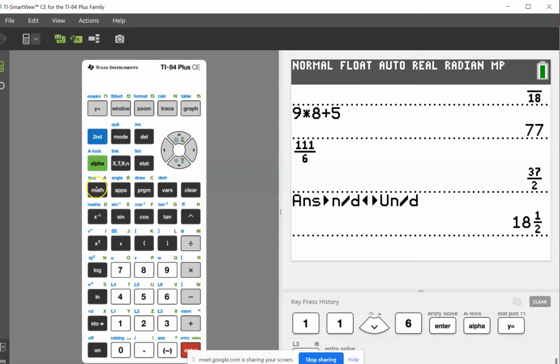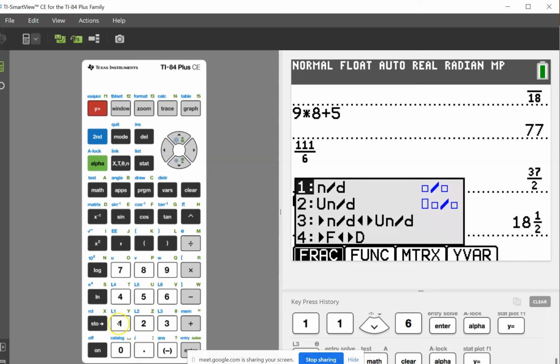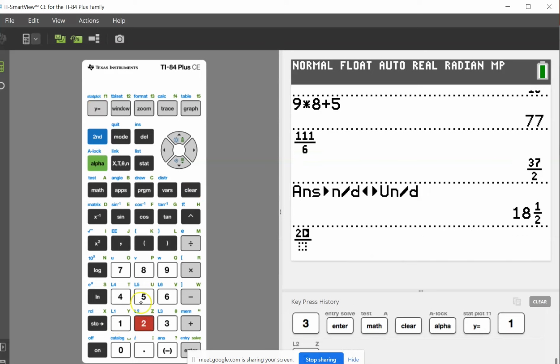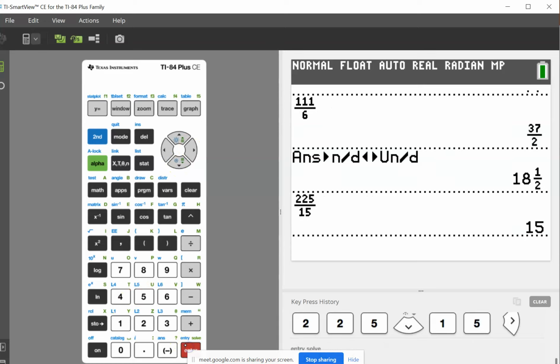Let's say we had 225 over 15. That one actually came out to be just a whole number.